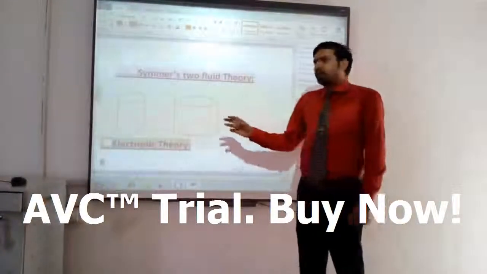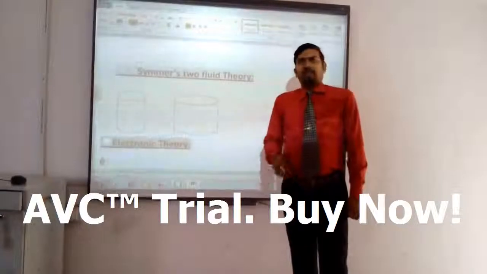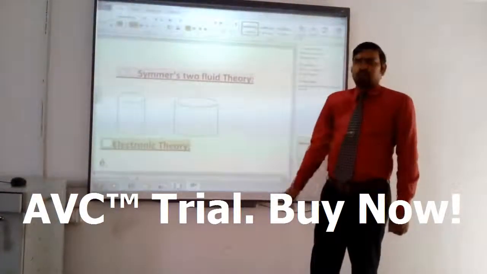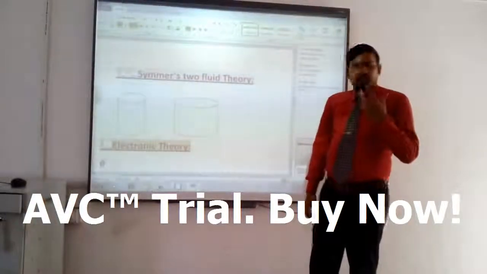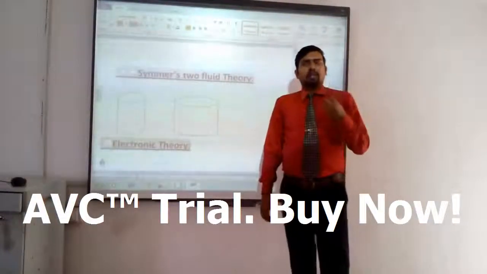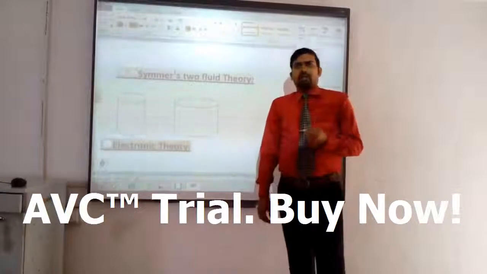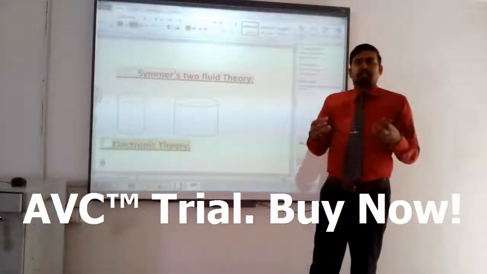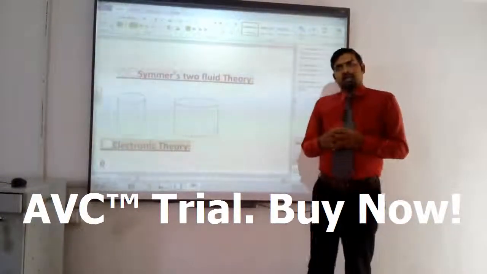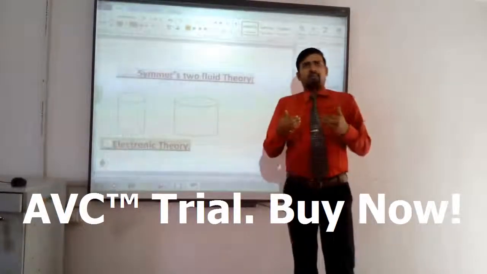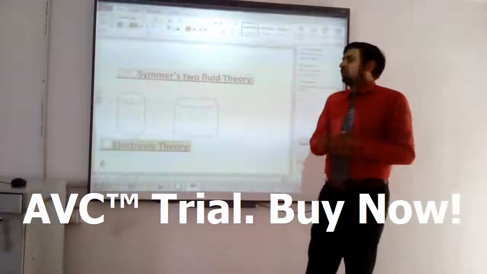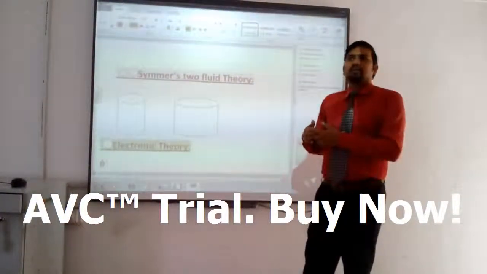So as far as the electronic theory, if a body donates electrons to another body, then the body which receives the electrons will have an inequality in the number of protons and electrons. The number of electrons becomes more than the number of protons as compared to its neutral state. So it becomes negatively charged.